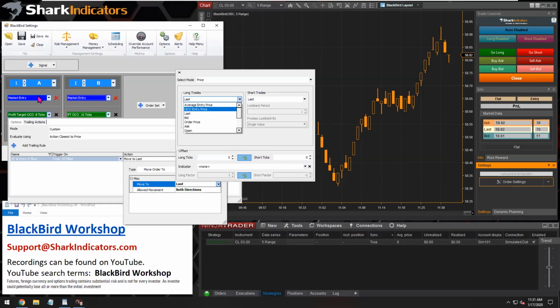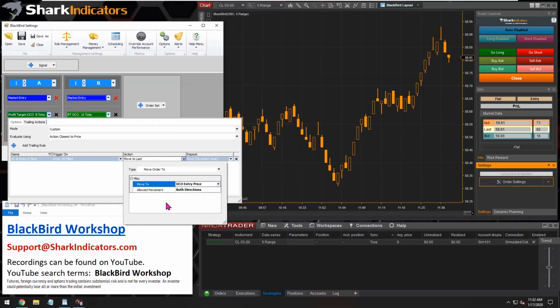But the way this is designed to work is we want to use the entry price for order A, because we're modifying the profit target for order A. So, entry price, and that's it.